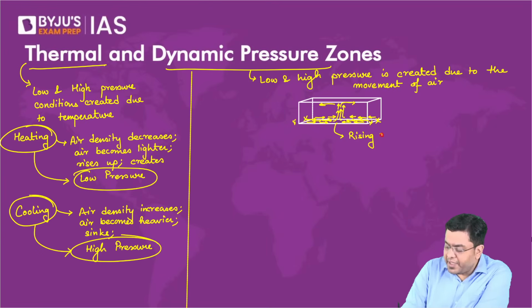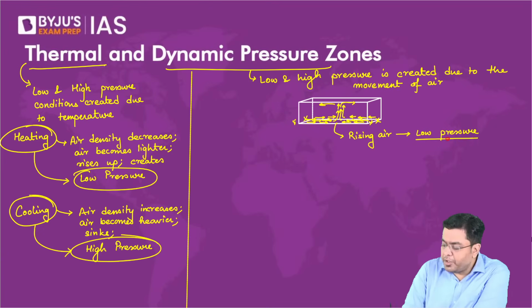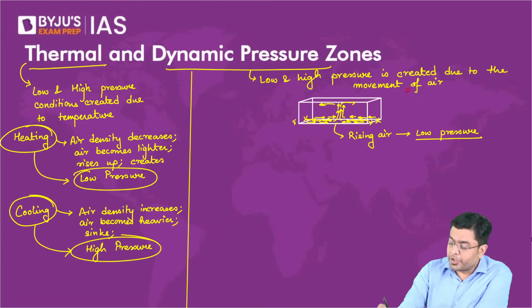Rising air we have seen is always associated with low pressure condition. So that means whenever you have convergence of air on the ground surface, it will create a condition of low pressure.